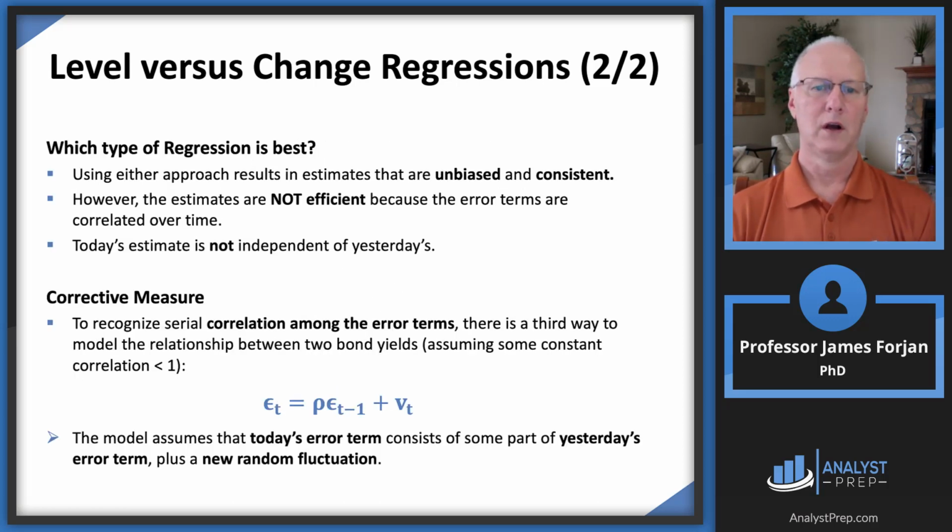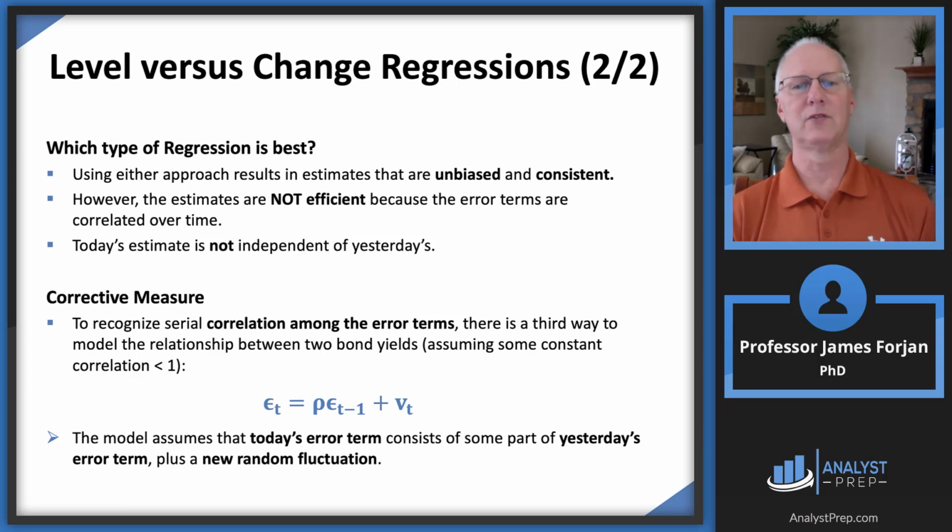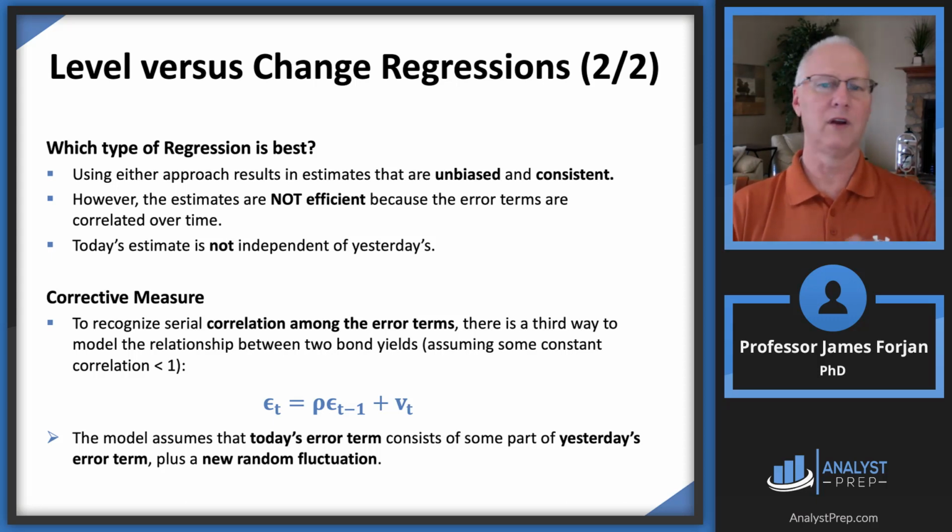Well, both of them are going to have unbiased estimates of beta, and they're going to be consistent, but they're not going to be efficient because, and this is something that we've talked about in previous chapters, remember that when you do this method of the least squares, you're assuming that stuff that happened yesterday is not really related to stuff that happened 2 days ago.